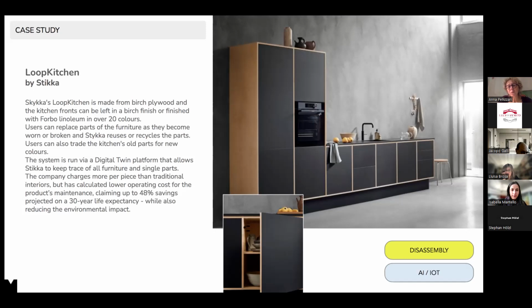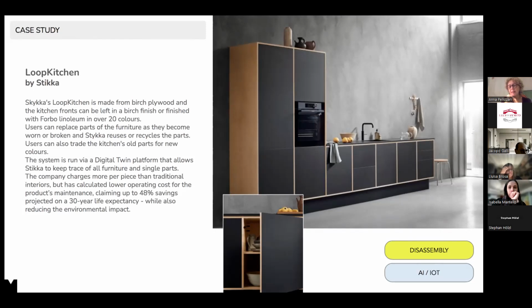And what they do is that they have designed a type of modular kitchen that can be very simply built. So on one side, they reduce all the parts that are not necessary. It is completely and very easily disassemblable.